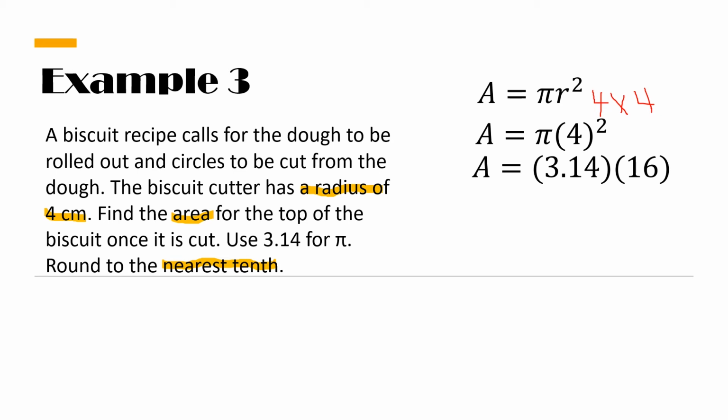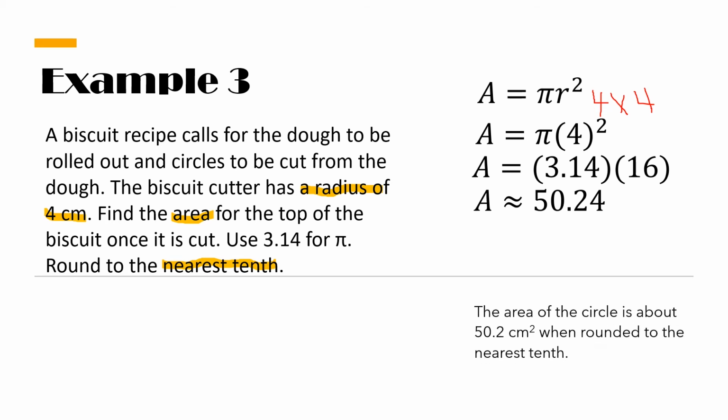Then we're going to sub in 3.14 for pi, and we're going to get an area of about 50.24. Now, we're going to round to the nearest tenth. That's 1 decimal place. So in this case, the area of the circle is about 50.2 centimeters squared when we round it to the nearest tenth.